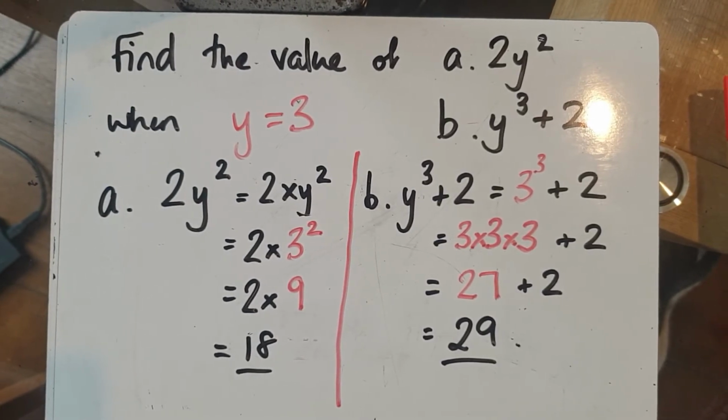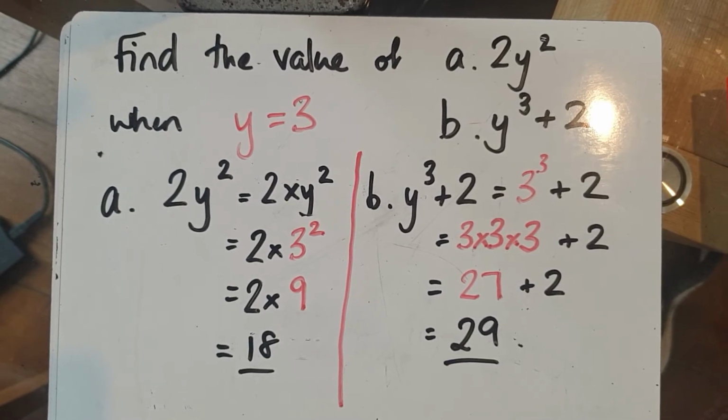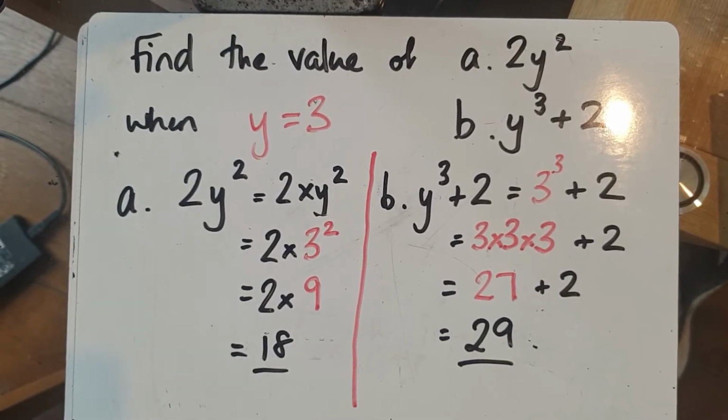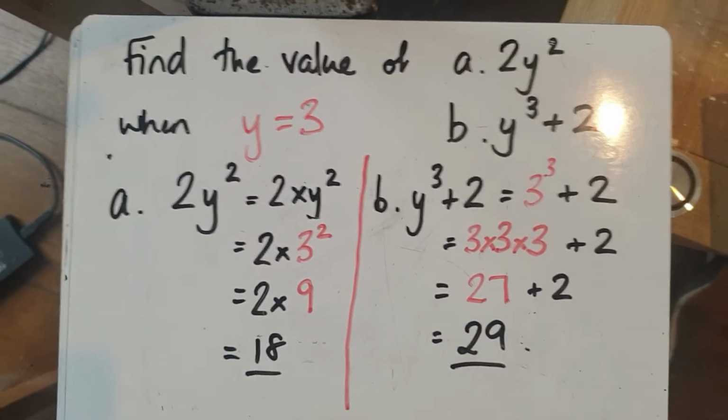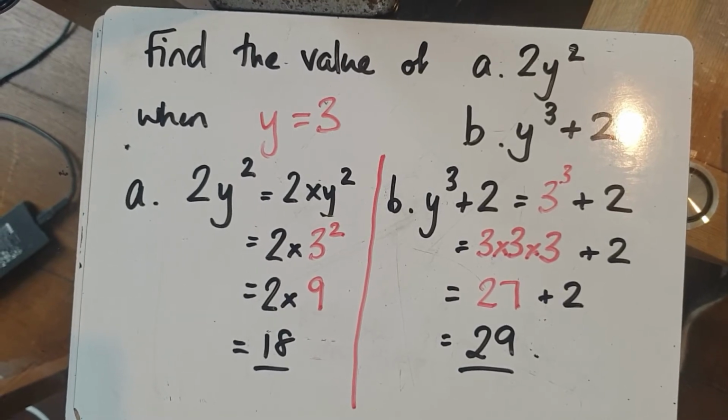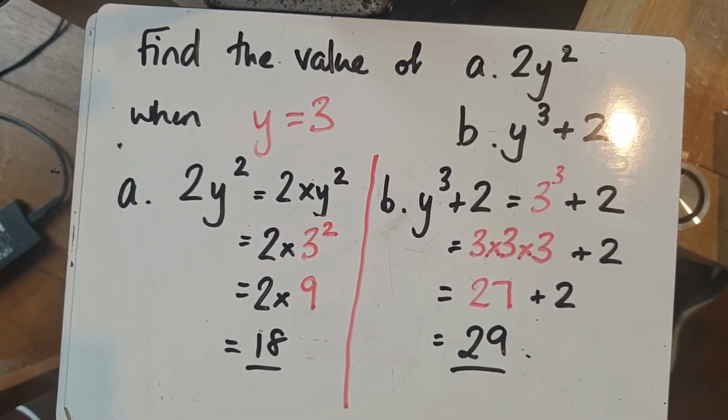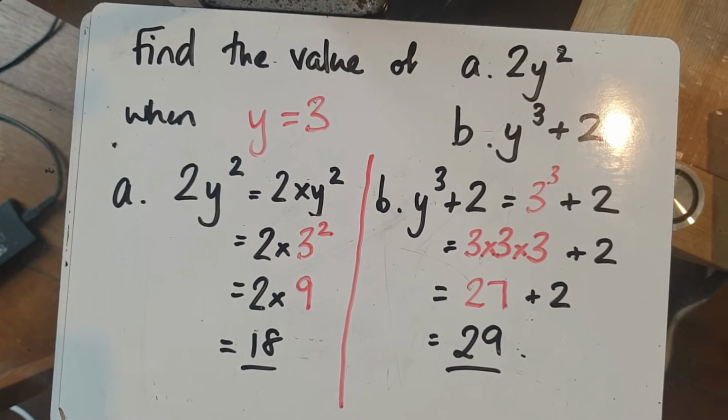Now that should be everything that you need to have a go at answering exercise 3F. So please have a go at that. I am going to do the first question from each exercise so that you can check your answers.